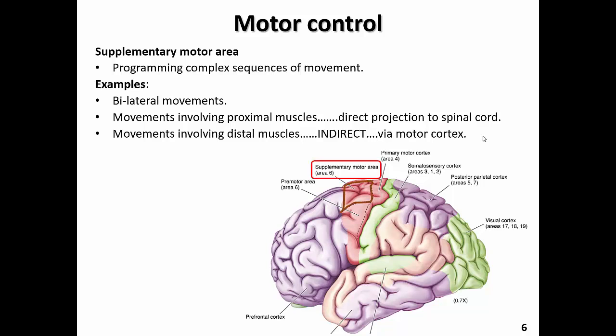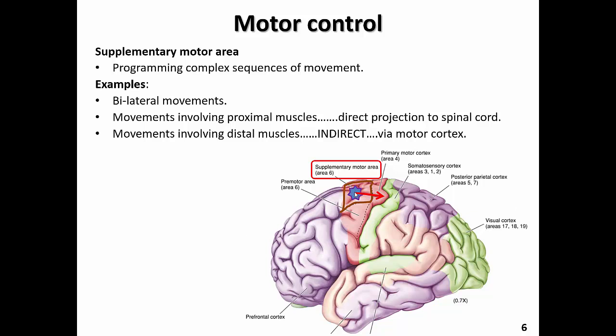And so if we take a look at our drawing here, on the bottom right-hand corner of the slide, we see our supplementary motor area defined by this border that I just drew here. And in terms of activation of the distal muscles, and those are the muscles involved with hand and distal limb movement, when you think about activation of the hand, that certainly involves a much more complex and coordinated sequence of muscle actions.